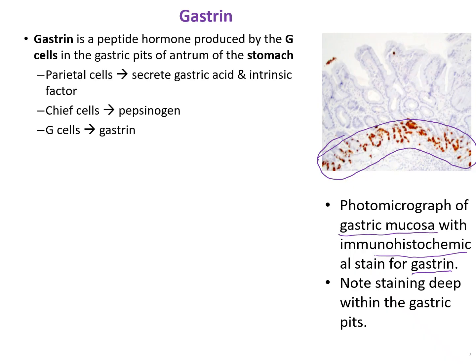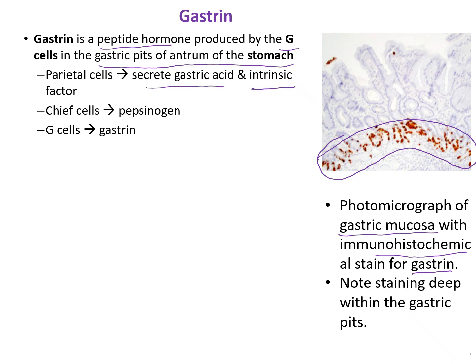Where is gastrin released? It is a peptide hormone released from the G cells of the gastric pits of the antrum of the stomach. We know that in the stomach, parietal cells secrete gastric acid, that is H plus ions and hydrochloric acid, and intrinsic factor.